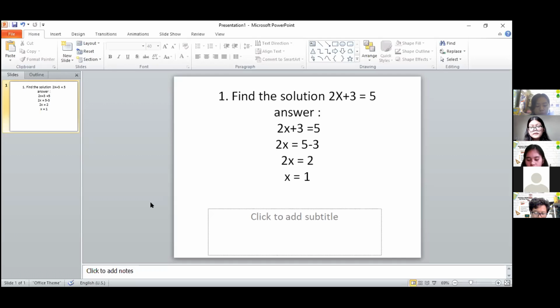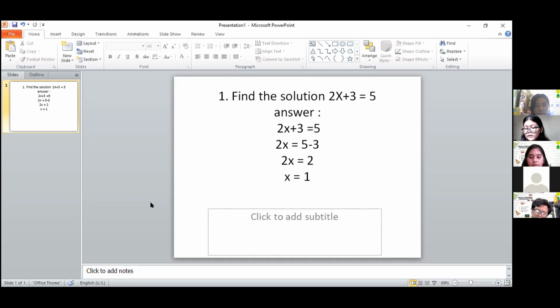In a similar way, we use the multiplicative inverse of number 2, a half. We know that the multiplicative inverse of 2 is a half. So we have a half times 2x equal a half times 2.